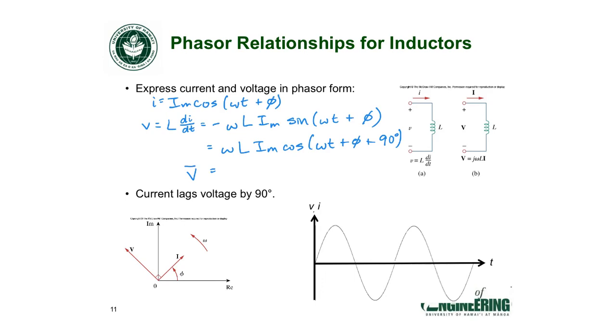Okay, so that means that if I do the phasor representation of the voltage across the inductor, if I convert that current to a phasor, I have the current magnitude, the phase angle is theta, and I added 90 degrees from that trig identity.